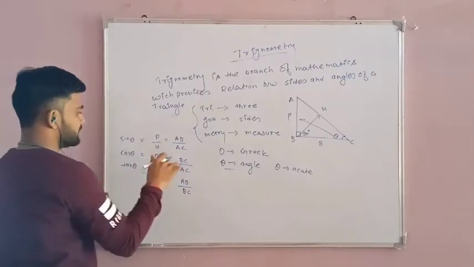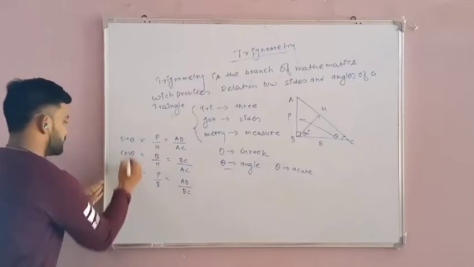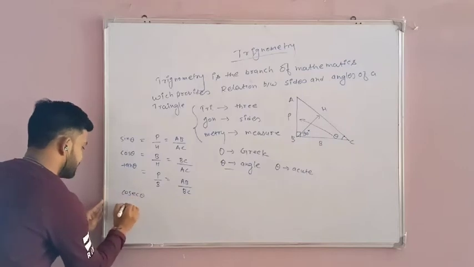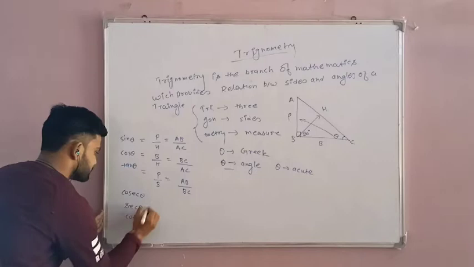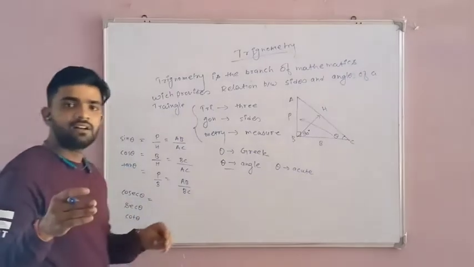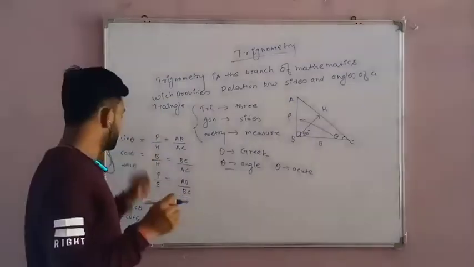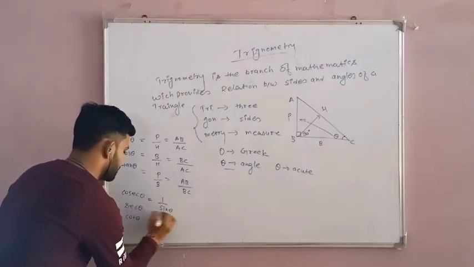Similarly, there are three other ratios: cosec theta, sec theta and cot theta. Cosec theta is the reciprocal of sin theta, means 1 upon sin theta.